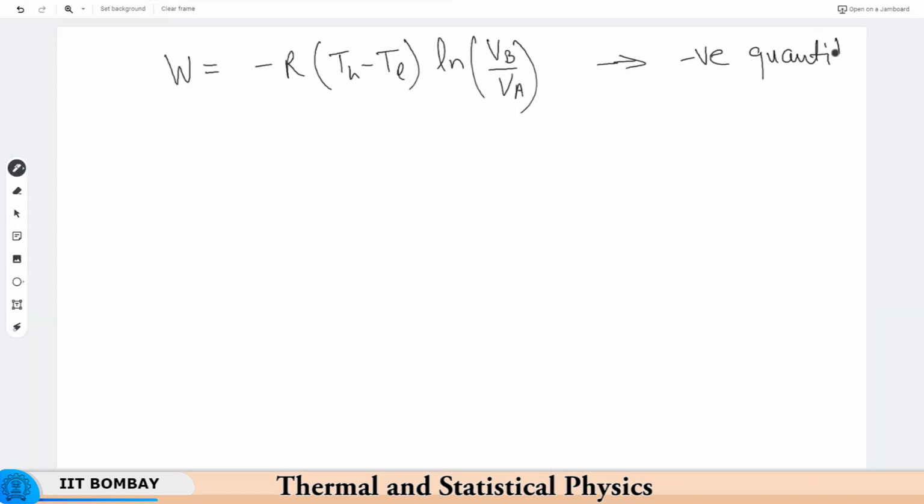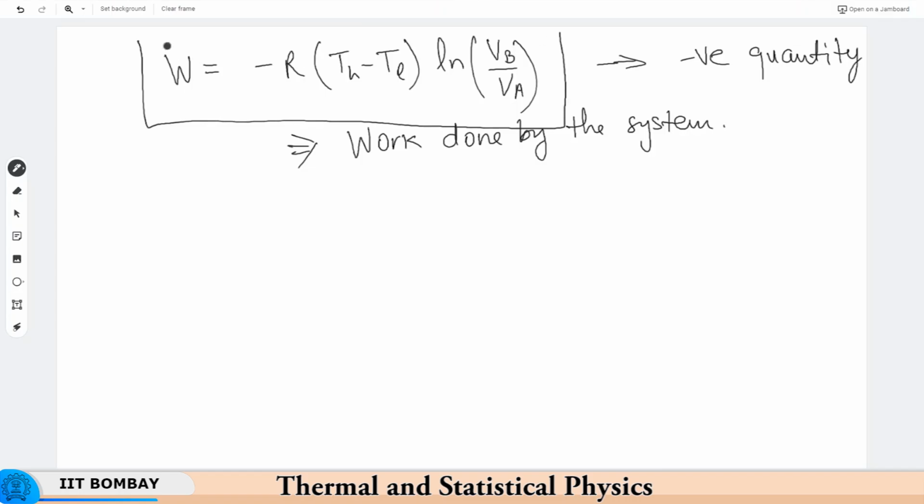And if the net work done is negative, that means the system is doing work on the surroundings, and we are extracting this work. So this is work done by the system, and this is what we were interested in. This is the expression for work extracted from a Carnot engine where the operating substance is 1 mole of ideal gas.